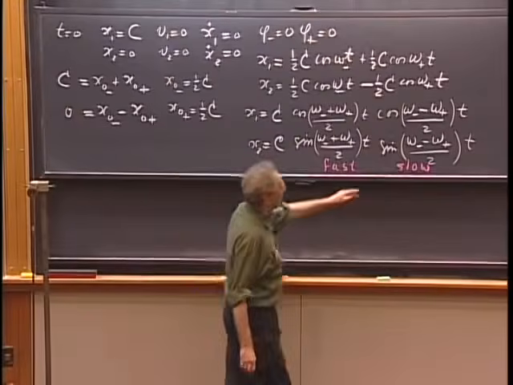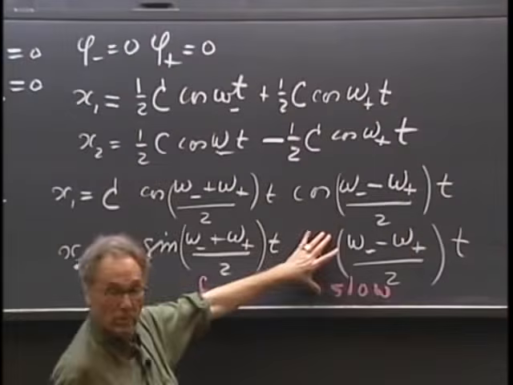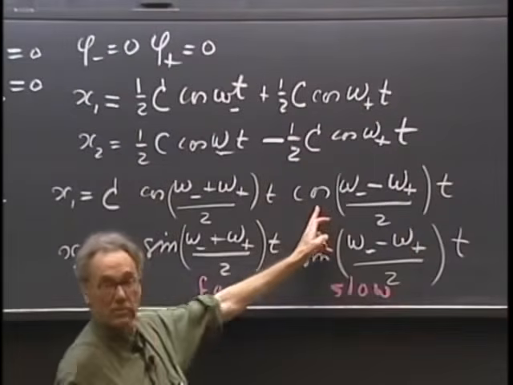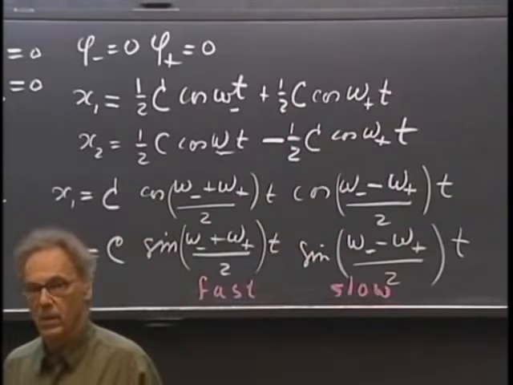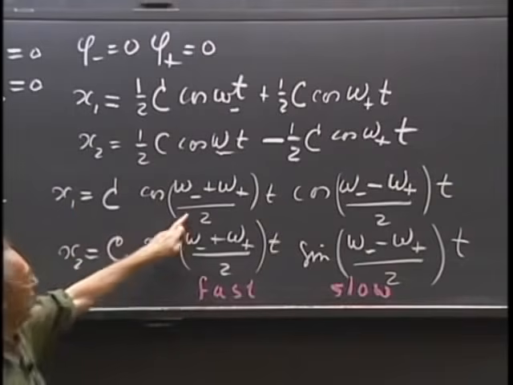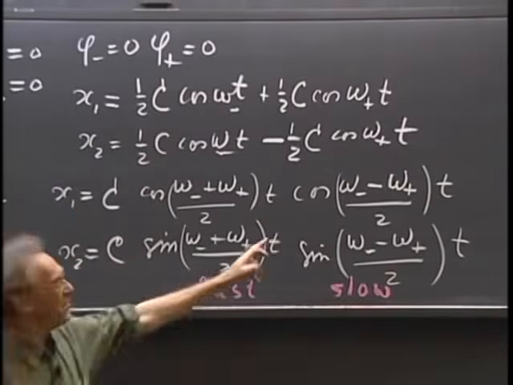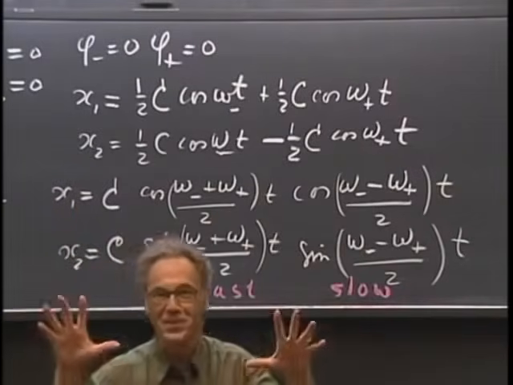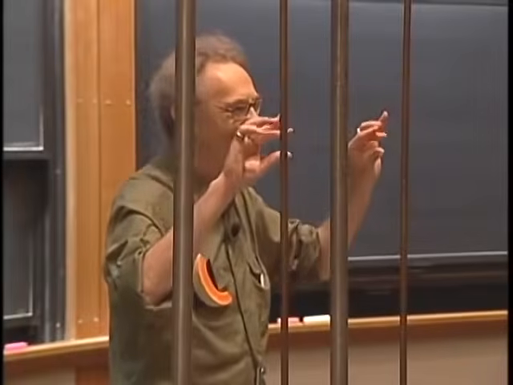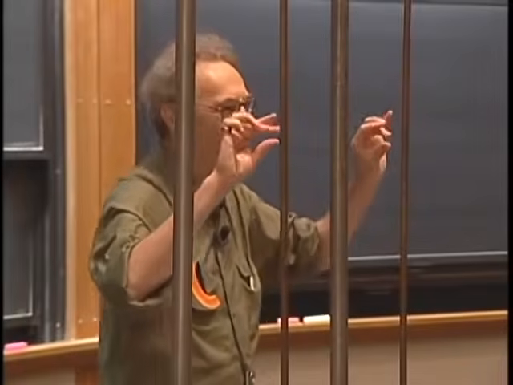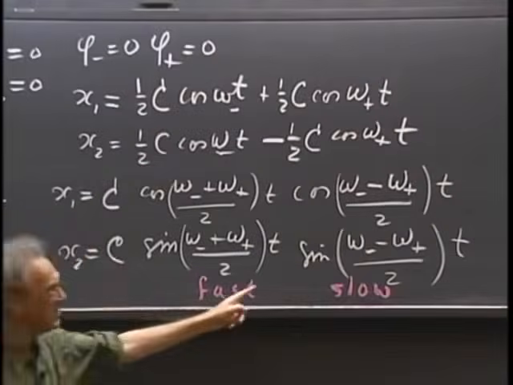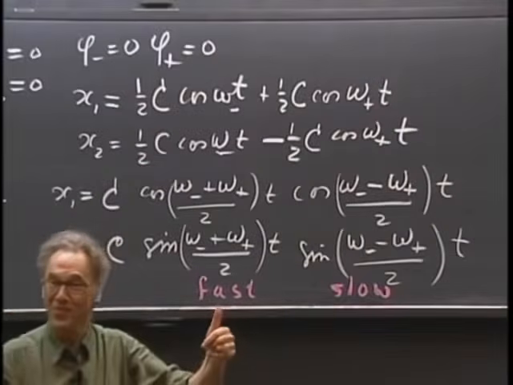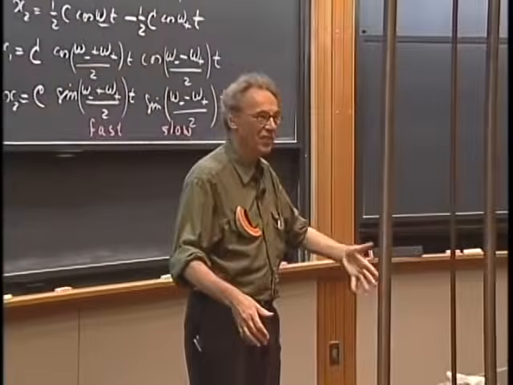At t equals 0, this one stands still, and this cosine term is going to be 1. This one is going to oscillate happily with this frequency, but this cosine term is very gradually going to 0. And as that cosine term gradually goes to 0, this one will stop oscillating, but this sine term becomes +1. And so the other one will start to oscillate.